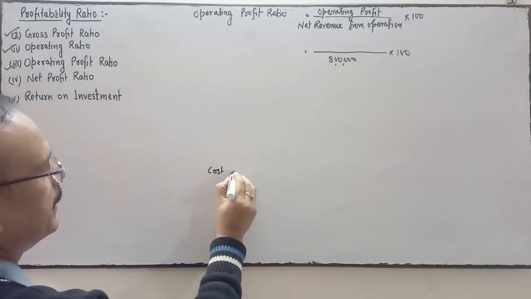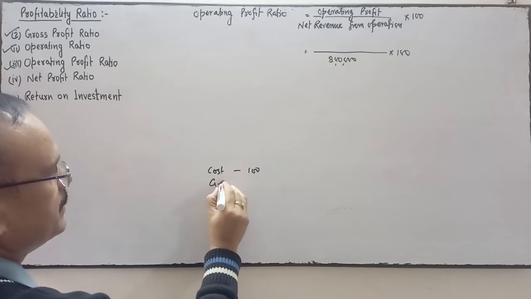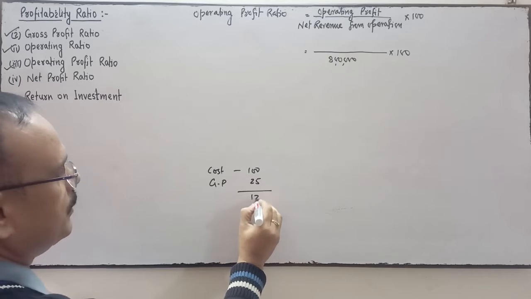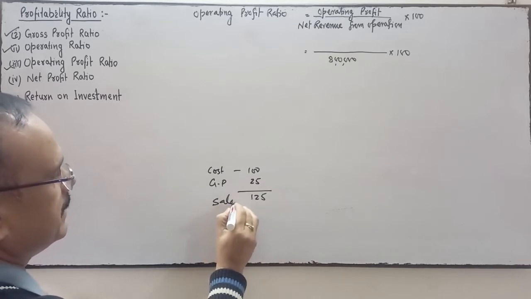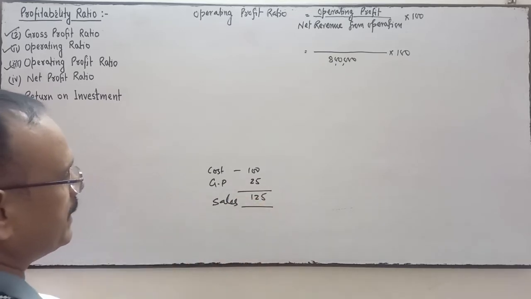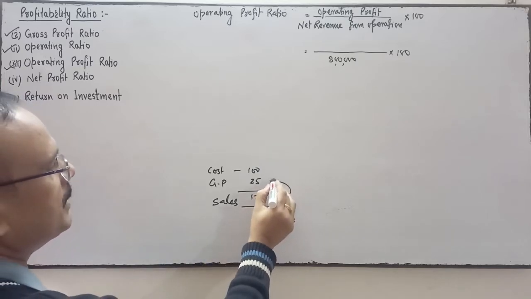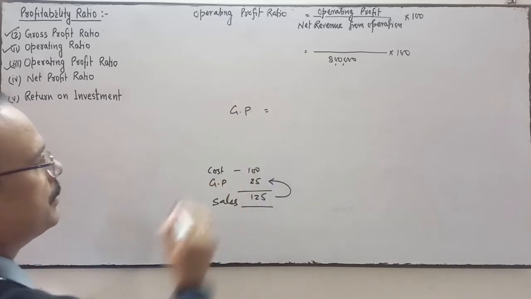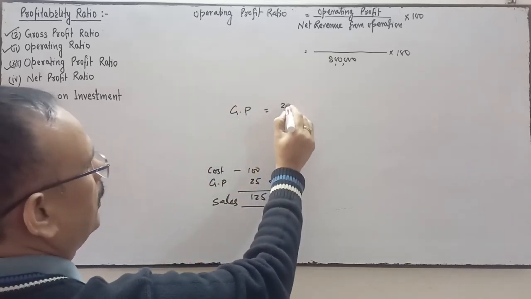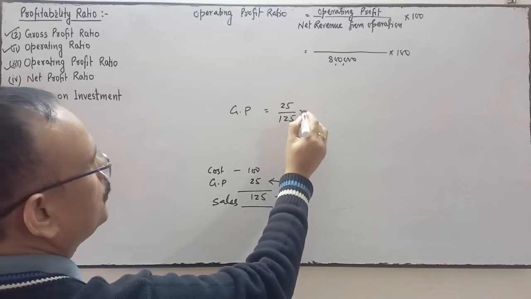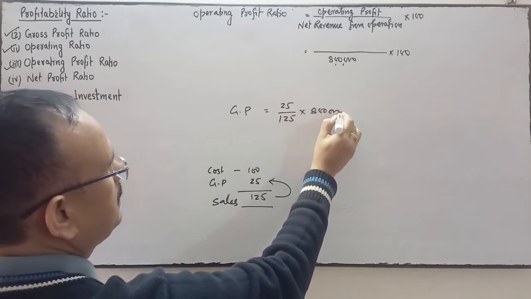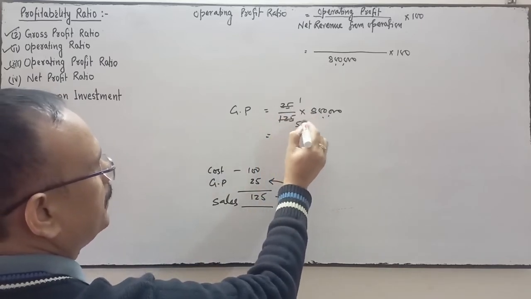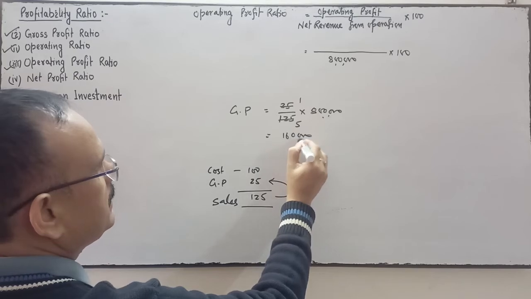Suppose cost is 100, 25% on cost, so 125 is sales, that is revenue. When the revenue is 125, our GP is 25. So GP is equal to 25 upon 125 into sales, which is 8 lakhs. So 1 by 5, it is 1,60,000 is the GP.